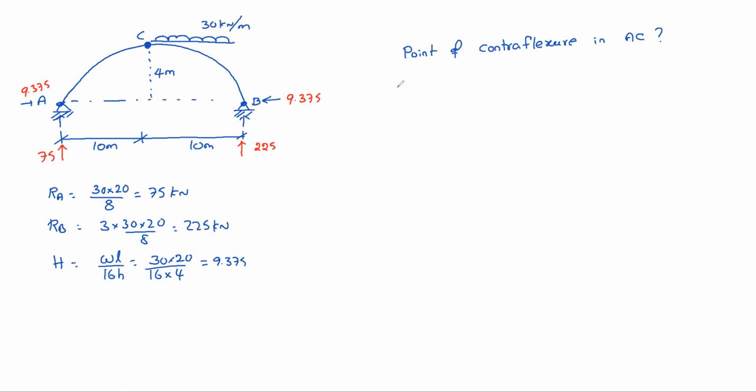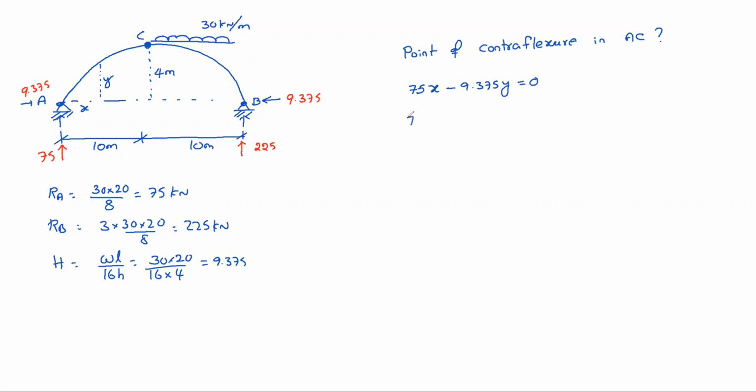So write an equation for bending moment at a distance of x. Let us assume y is the height. So the equation is 75x minus 9.375y must be 0 to get the point of contraflexure. This is the equation, right?